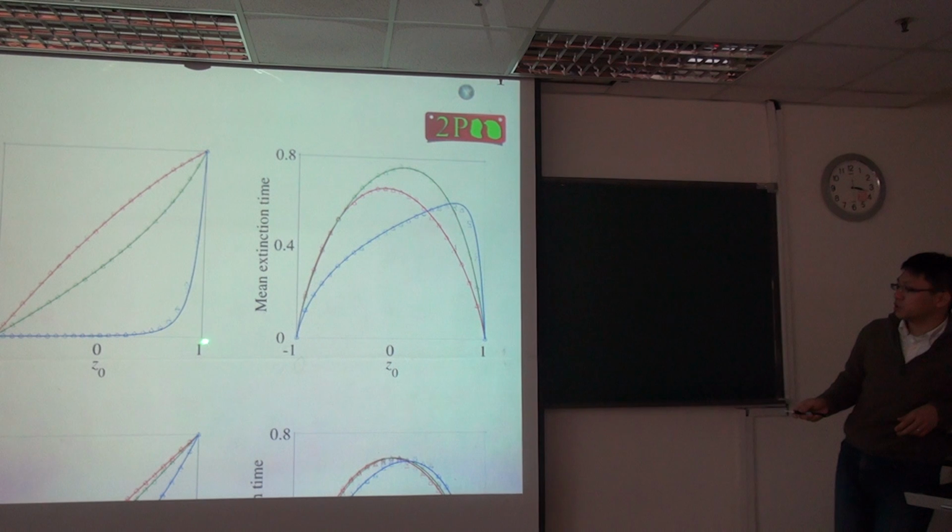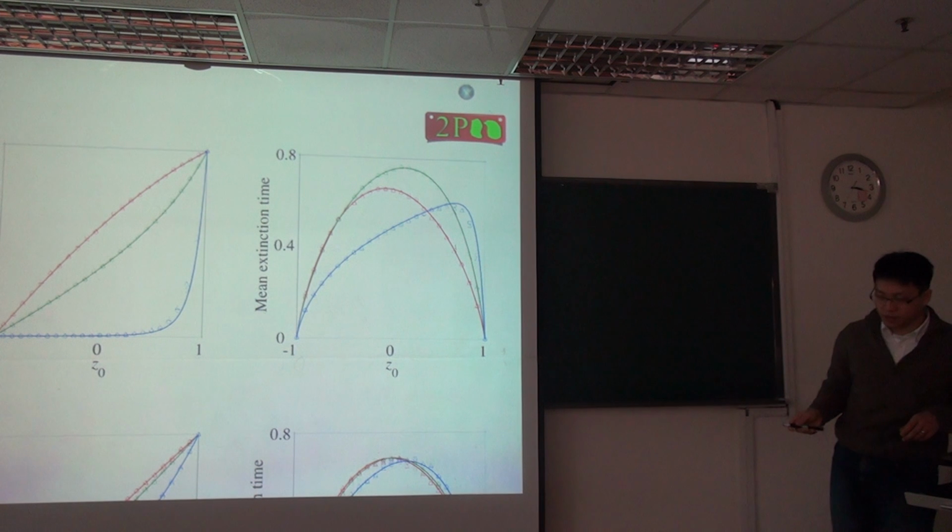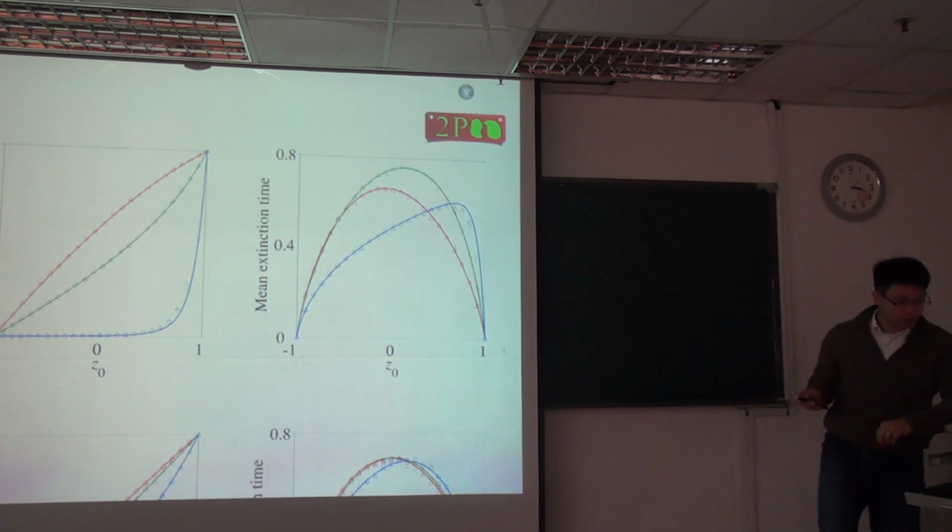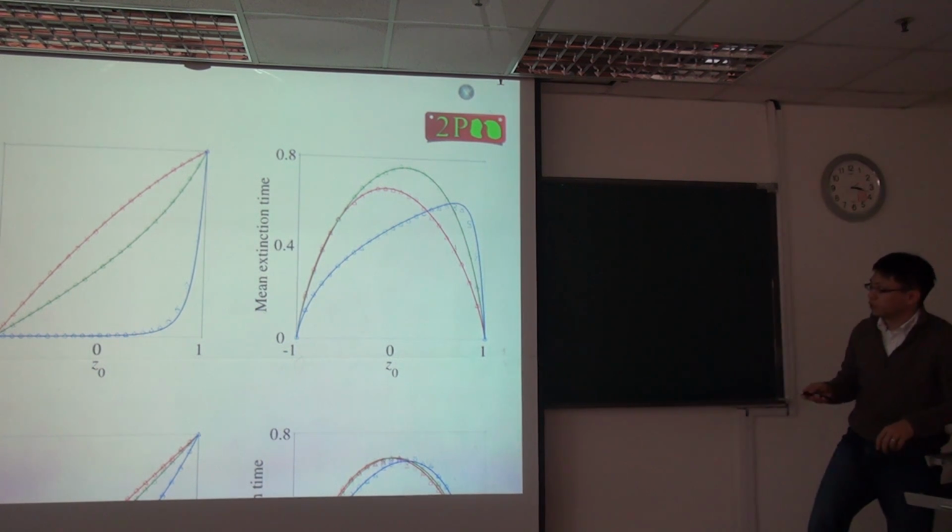So when z0 is equal to 1, sorry, initially the population is 100% species X, so Y has no chance to win. So it's going to be with probability 1, species X wins.